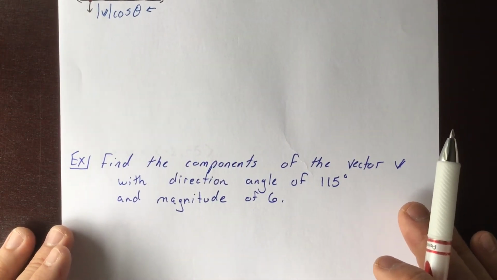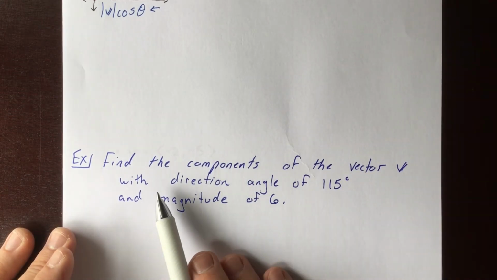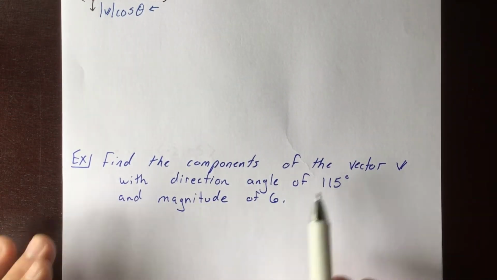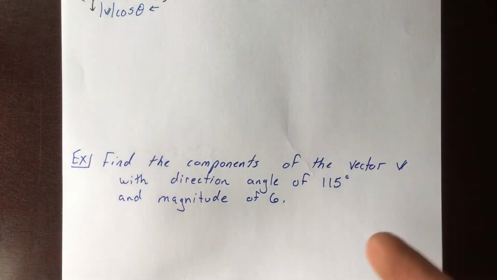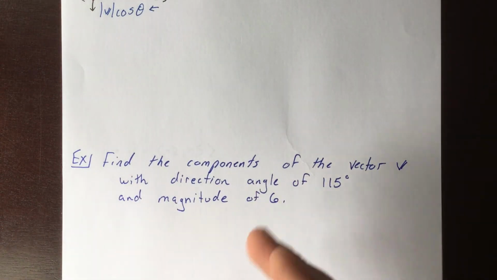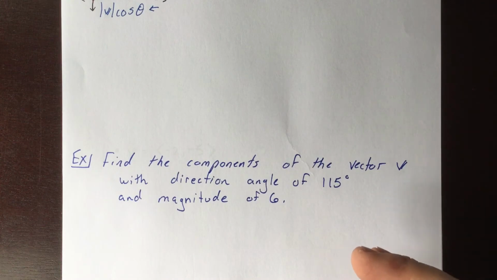Find the components of vector v with the direction angle of 115 degrees and a magnitude of 6. Notice the difference with this problem compared to previous ones. Here, we do not know what the horizontal and vertical movement is.